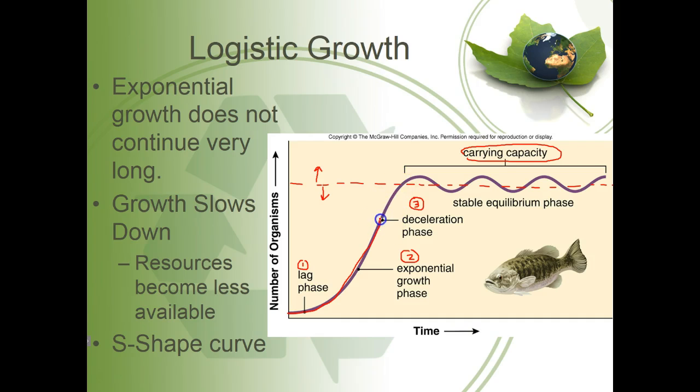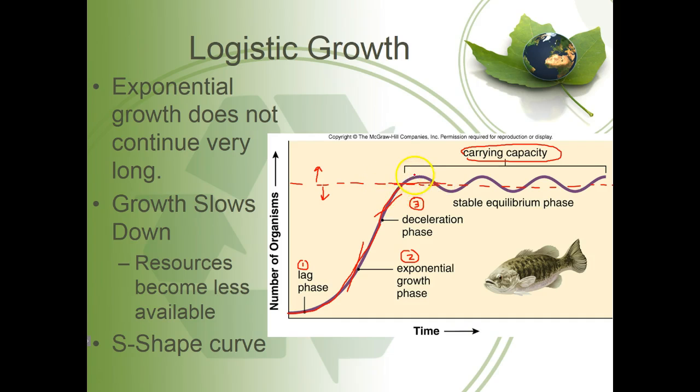And so it starts decelerating, or slowing down. So the growth, if you were to look at a slope, the slope is the greatest right here, okay, but it actually starts slowing down as you move this way, and then eventually it gets to here and the slope's pretty much 0.